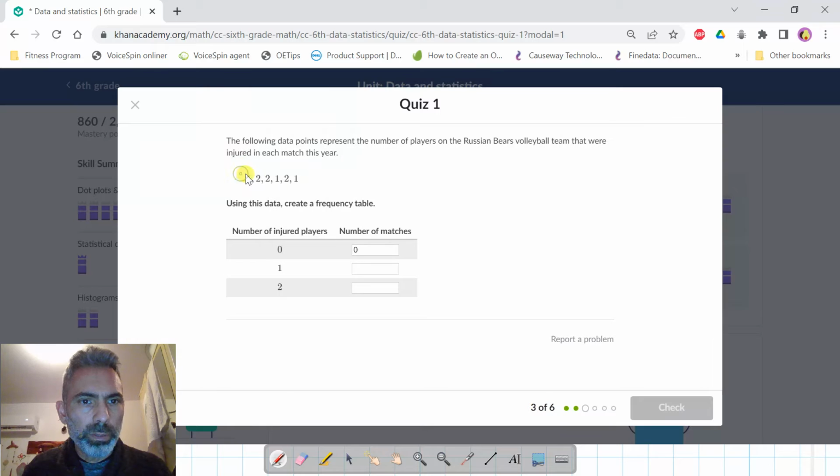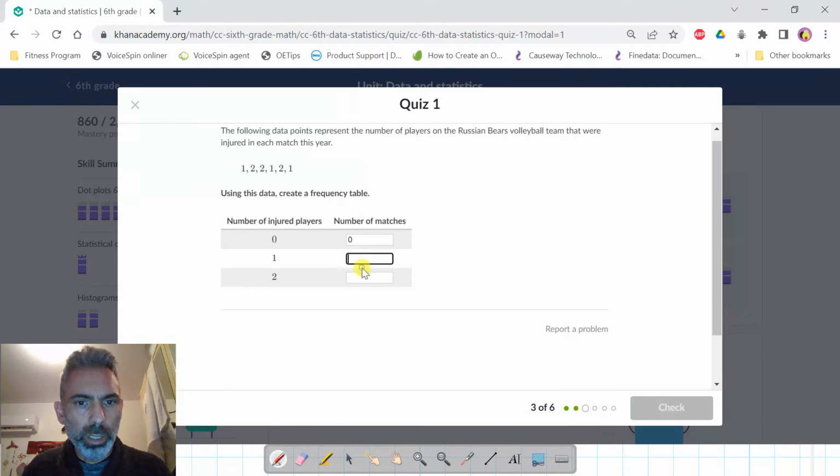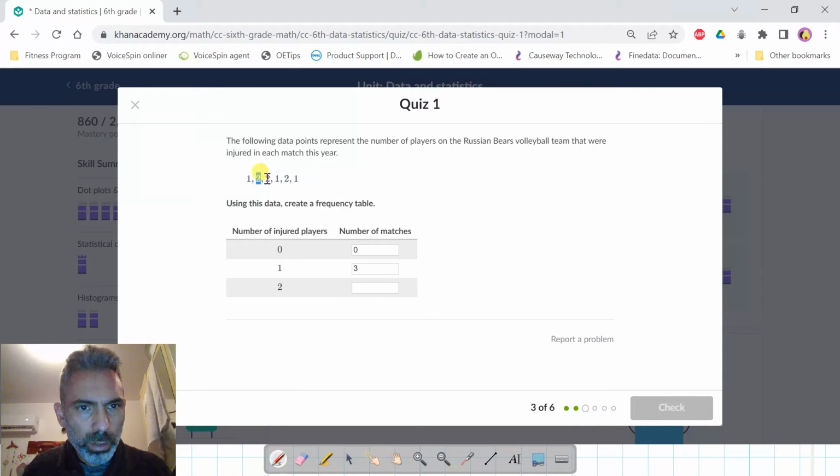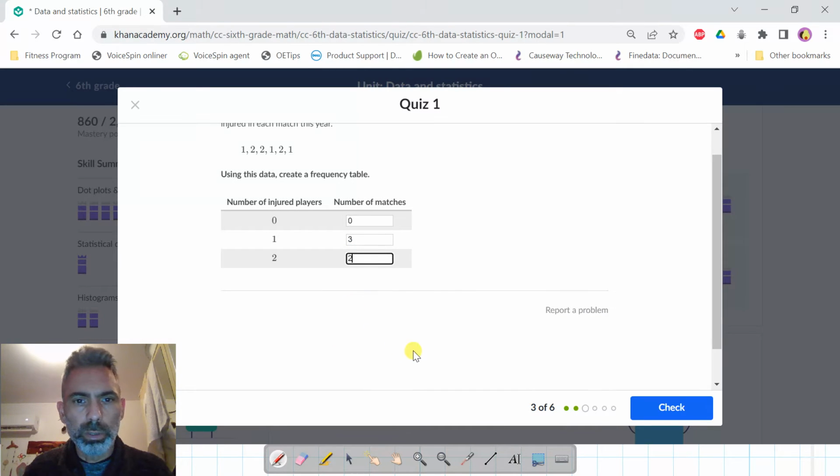We have 3 matches, 1, 2, 3, where one player got injured, so 3 matches where one player got injured, and 3 matches, 1, 2, 3, where 2 players were injured. So again, 3, not 2. 1, 2, 3, 1 player injured, and 1, 2, 3, 2 players injured.